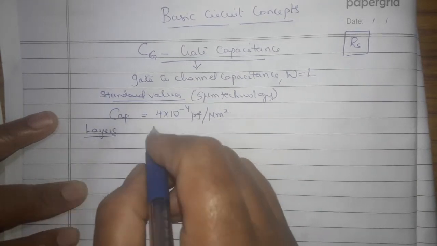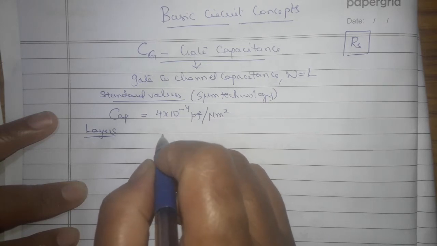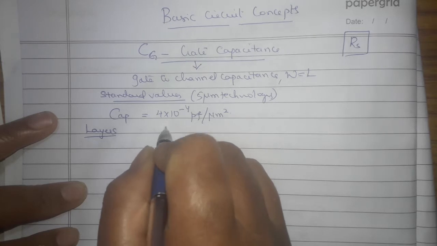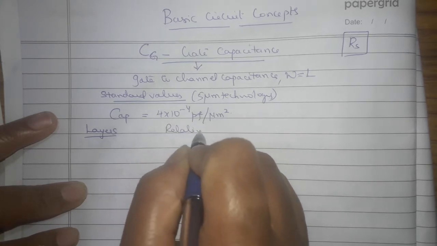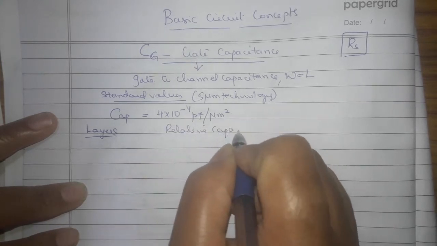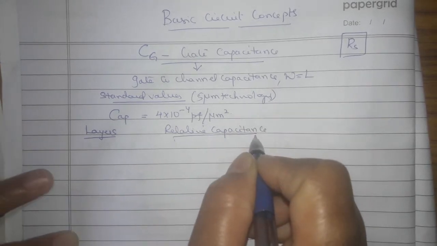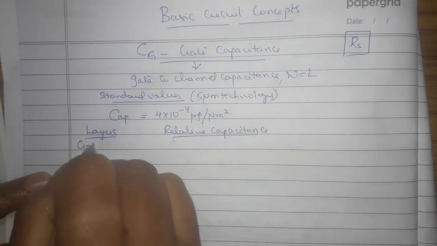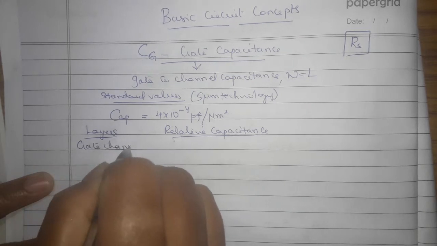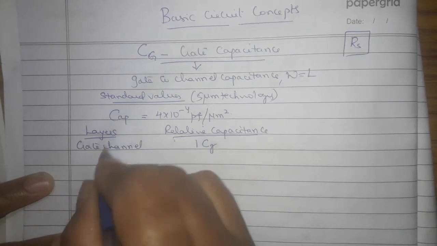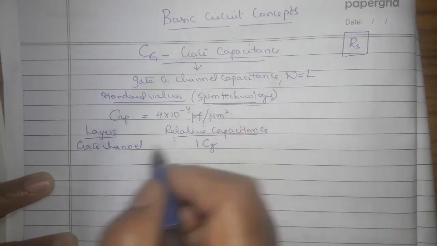You also need to know some standard values of different layers. As you know, MOS is a stacked structure of different conducting and insulating layers, so their relative capacitances will also be different. Let us note the relative capacitances of different layers, all for 5 micrometer technology.